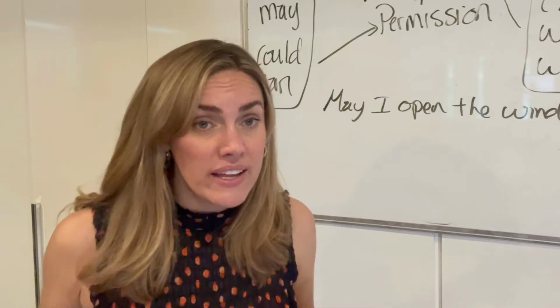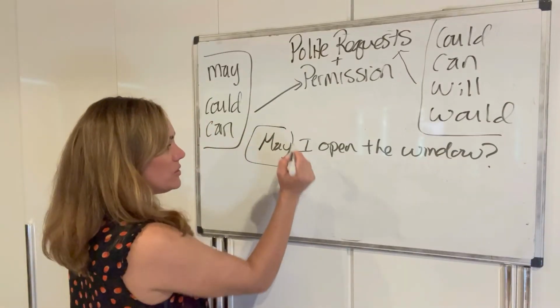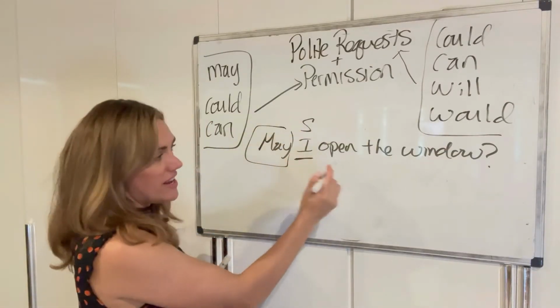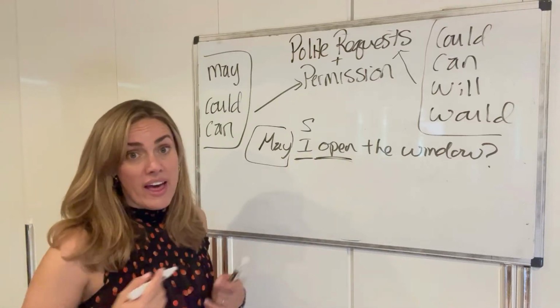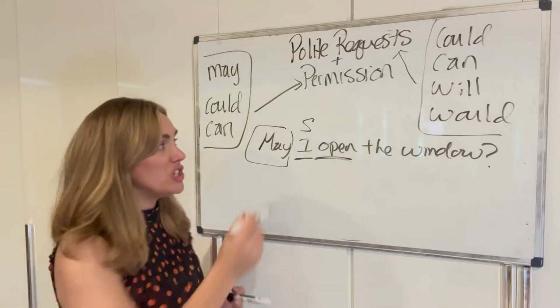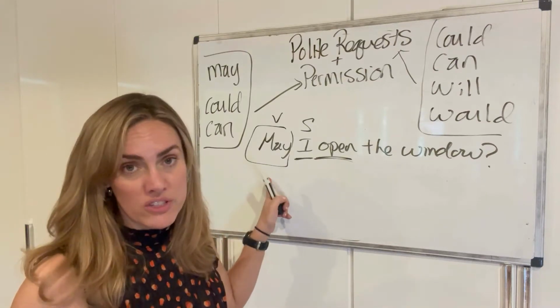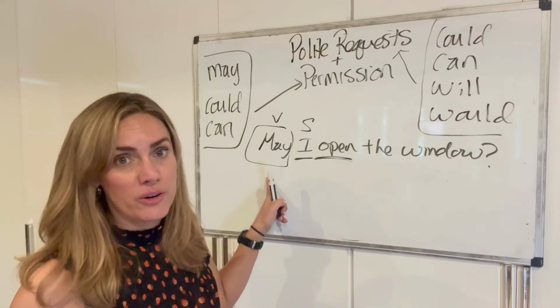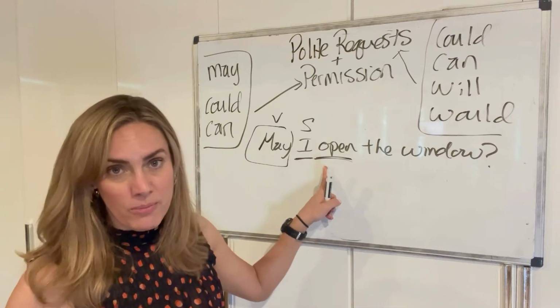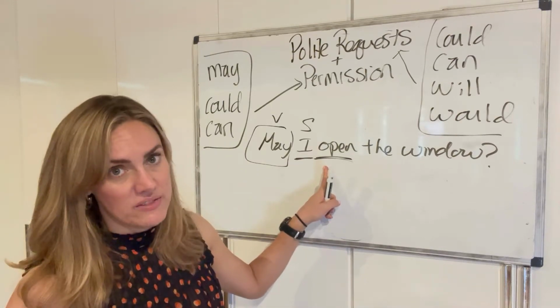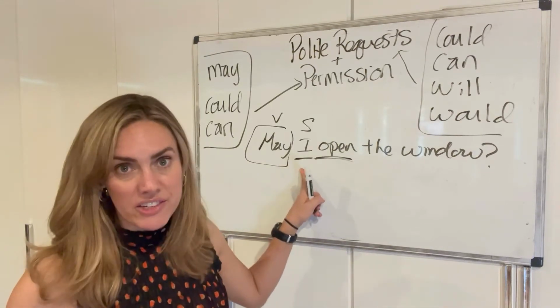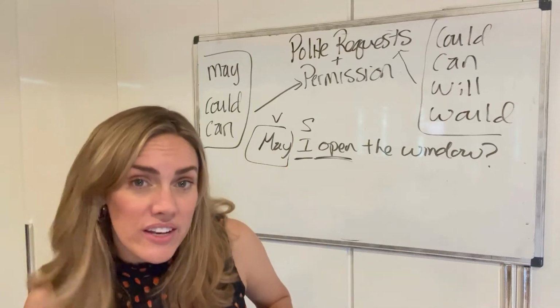May I open it? May is the modal, and then I have the subject and then the base form of the verb. As you know, with questions, we usually start with the verb. And here, modals are verbs. They are helping verbs. But then there's another part of that verb, the base form, which comes after the subject. May I open the window?